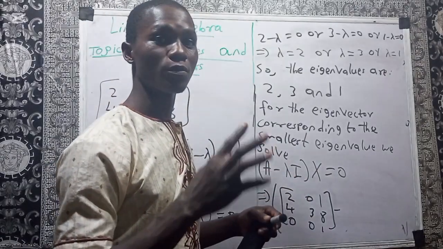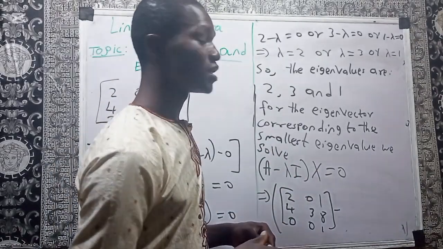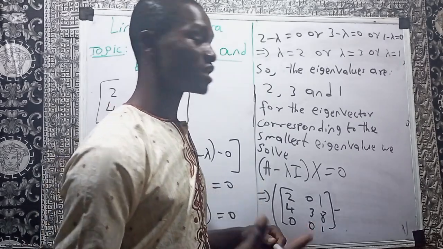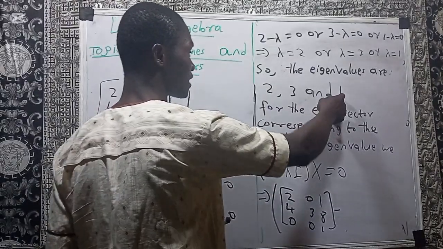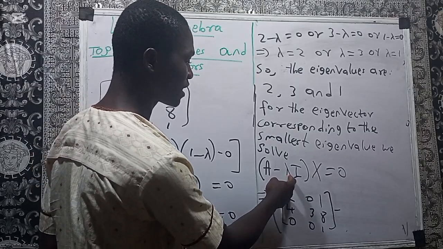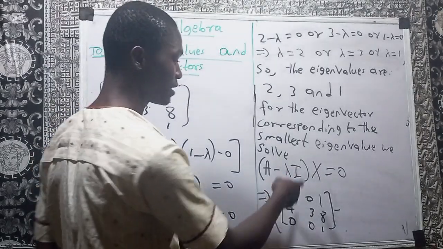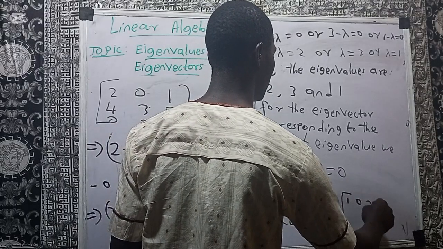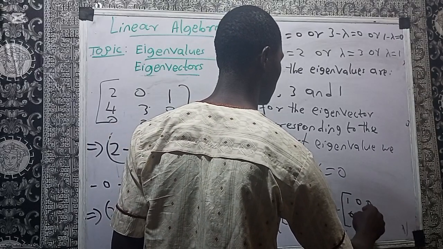The question says we should compute the eigenvalues and get the eigenvector corresponding to the smallest eigenvalue. So the smallest eigenvalue here is 1. So if you put lambda as 1 here, lambda multiplied by the identity matrix I is still the identity matrix. So we have the 3 by 3 identity matrix.